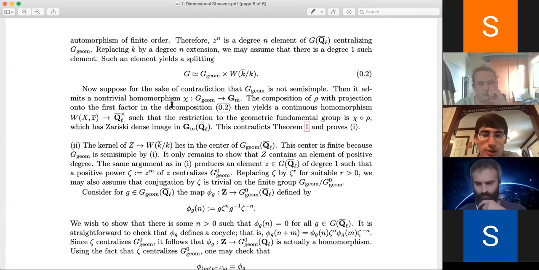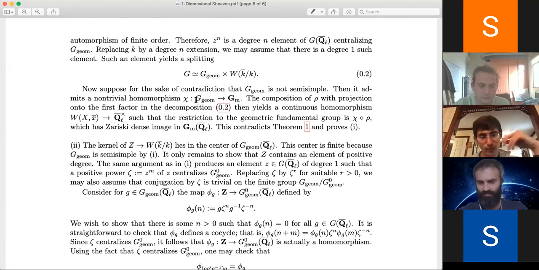Okay, so now I have this character, and so the composition of rho with projection onto the first factor in here. So I have the Weil group, I project to the first factor, I map to G via rho, and then I project to GM, to this geometric monodromy group. That yields a continuous homomorphism from the Weil group to QL bar cross, right, to GM of QL bar, which is QL bar cross.